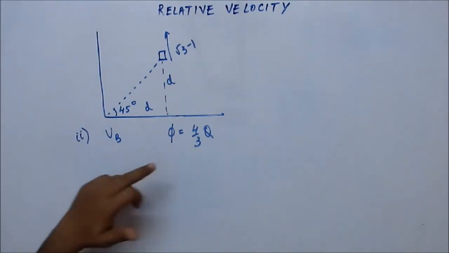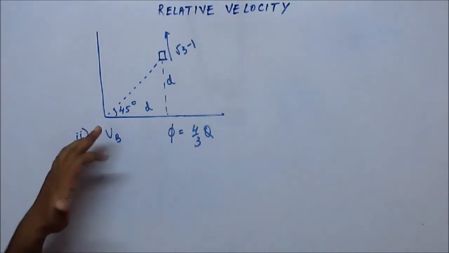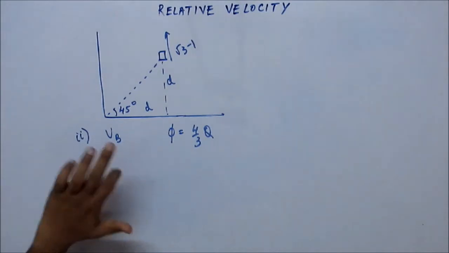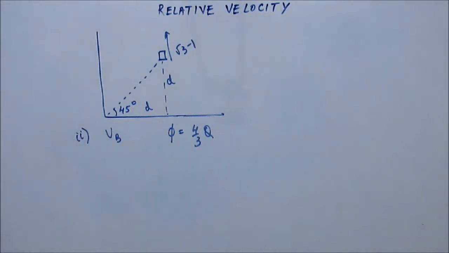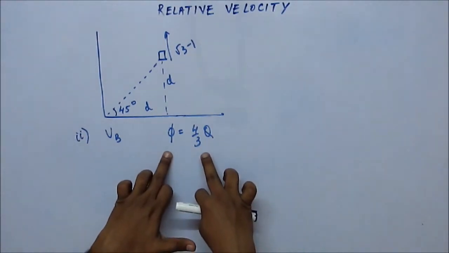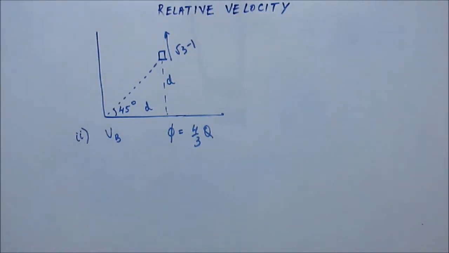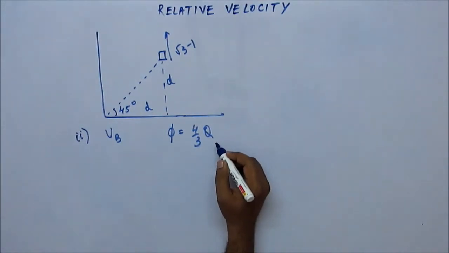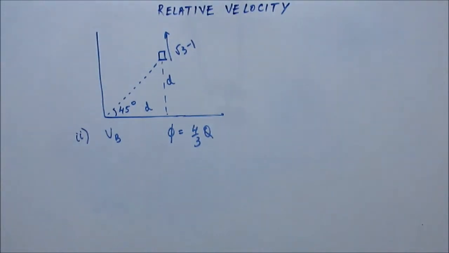And phi is the angle of the velocity vector with x-axis from the ground reference frame as been given in the previous part. So now they're making things very easy. They're giving you that phi is 4 by 3 of theta. Then find the velocity of the ball. Velocity of the ball was not provided. They're asking you now to find it out. That will give you 3 marks if you find the velocity of the ball in the reference frame of ground. So you have to fight for these 3 marks really.